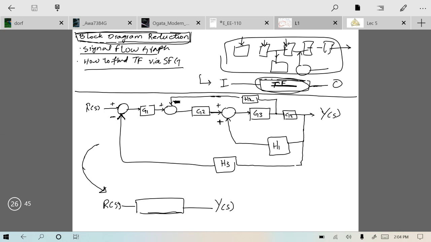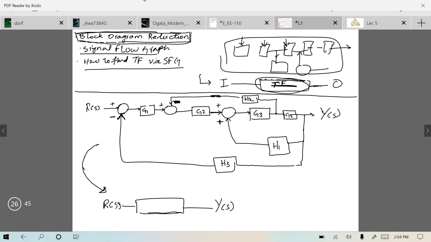So I want you to pause this video for a moment and figure out if there is any possibility of combining any two blocks in this complete block diagram. Any two blocks.